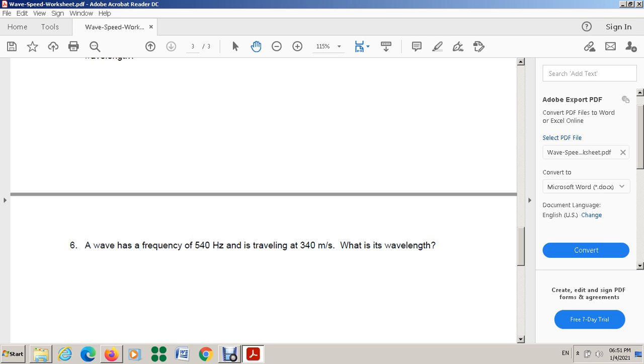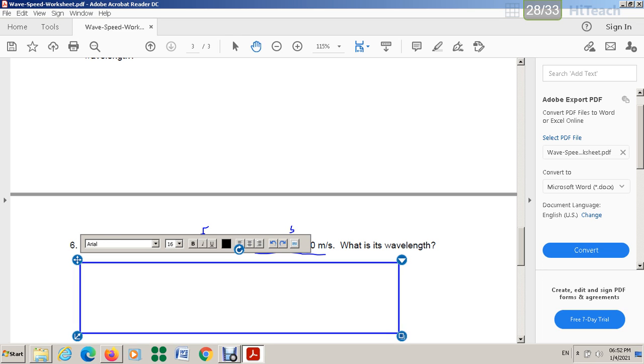This one here represents the speed, and this one here is the frequency. I want to find also the wavelength. So again, the same formula: wavelength equals wave speed over frequency.